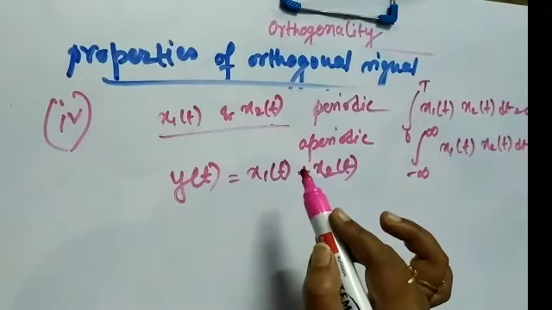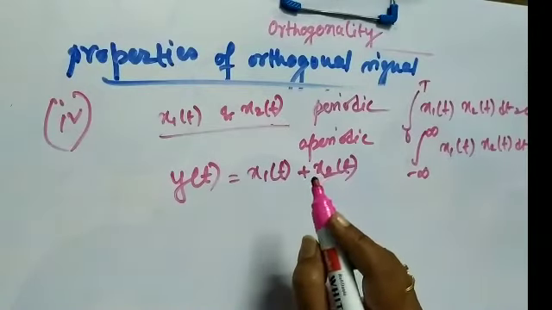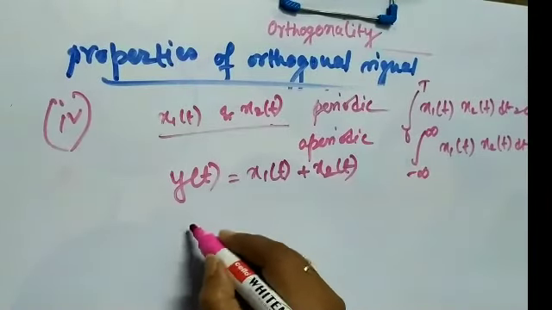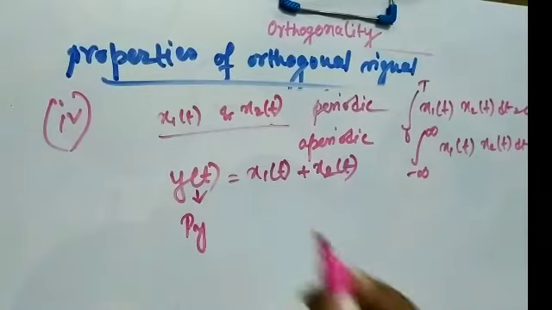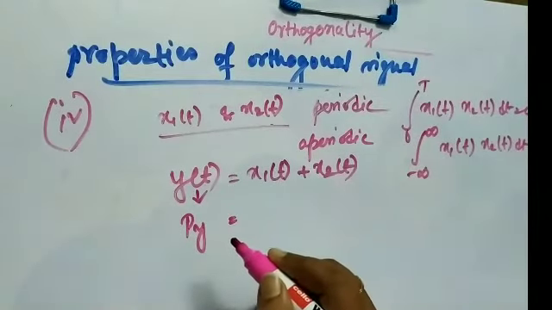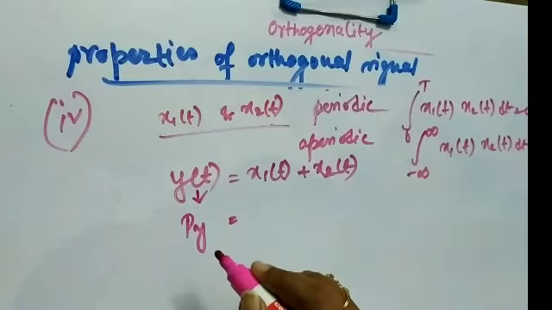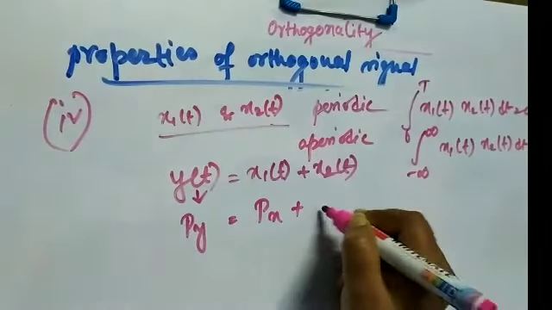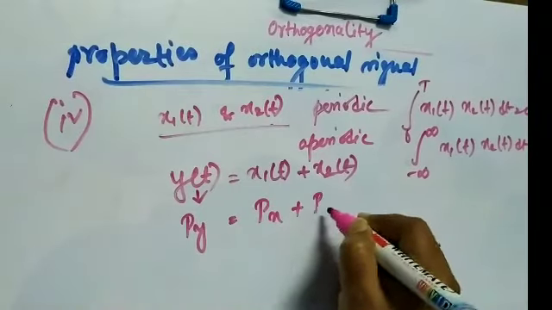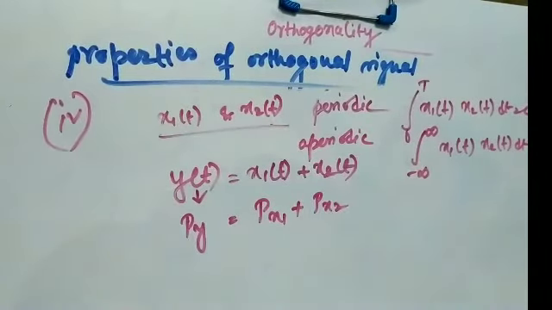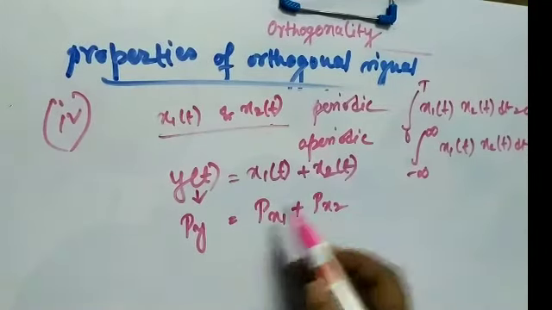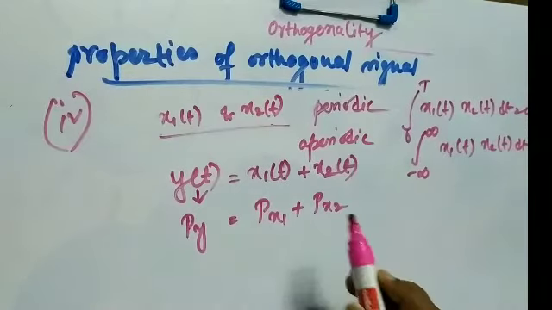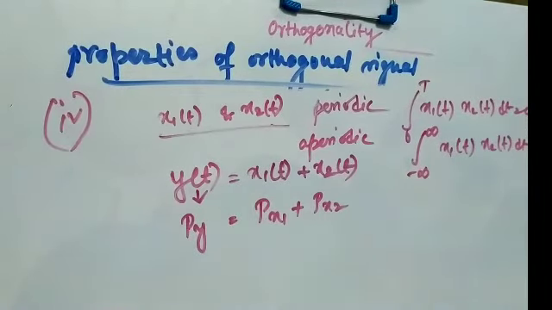Then the average power Py, which is the power of signal y(t), is always the sum of the average powers of signals x1(t) and x2(t). It is the property of orthogonal signals if they are periodic.